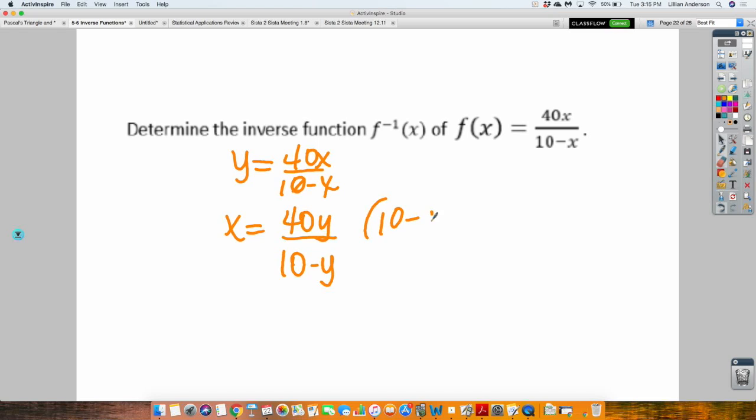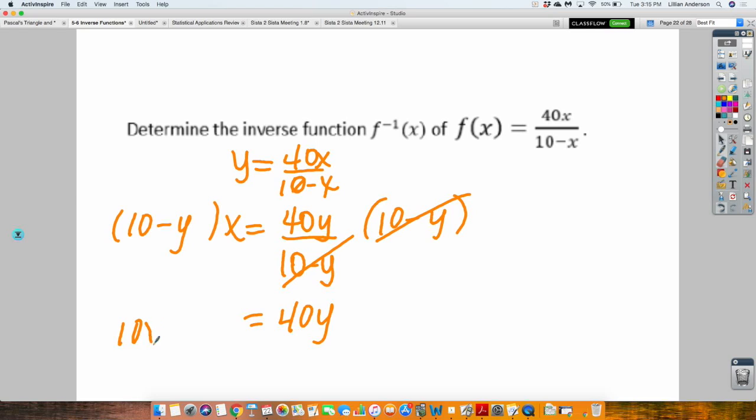But what you can do, algebra rules, is what? You can multiply by the denominator to get rid of that denominator. Okay? So if I multiply, this cancels out over here. So I'm left with 40y on the right-hand side.